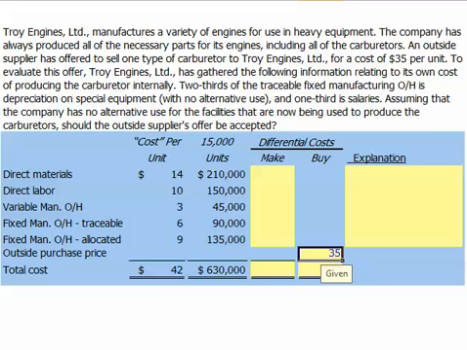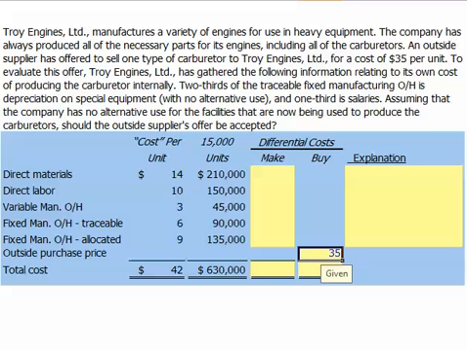To evaluate this offer, Troy has gathered the following information relating to its own cost of producing carburetors internally. 2/3 of the traceable fixed manufacturing overhead is depreciation on special equipment with no alternative use, and 1/3 is salaries. Assuming that the company has no alternative use for the facilities that are now being used to produce the carburetors, should the outside supplier's offer be accepted?